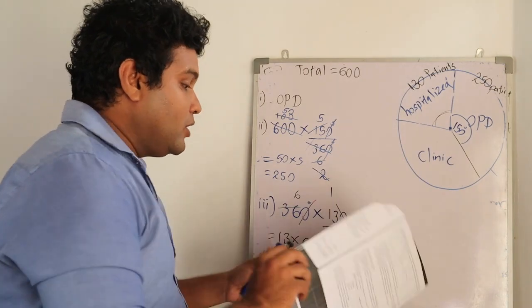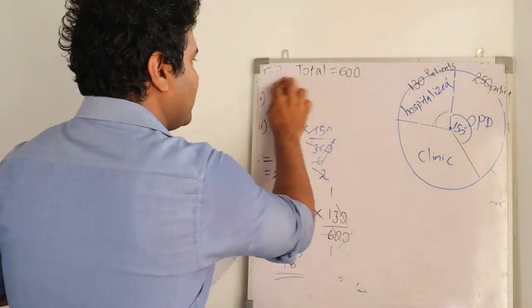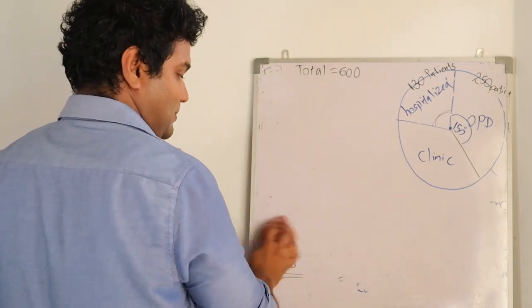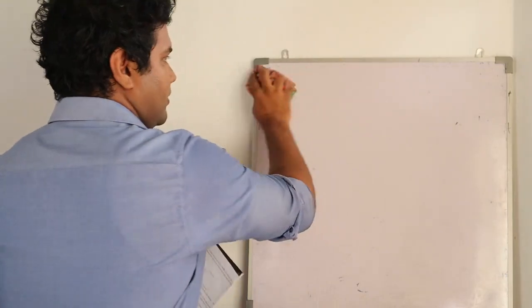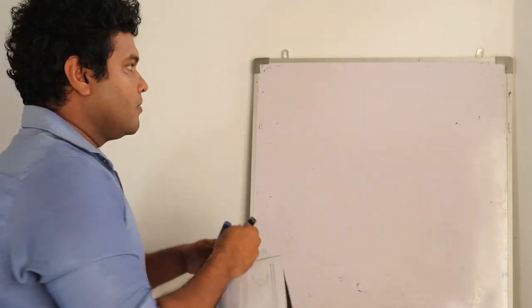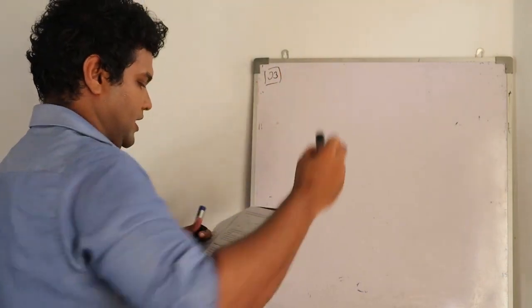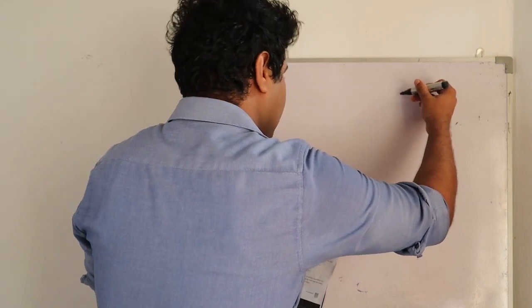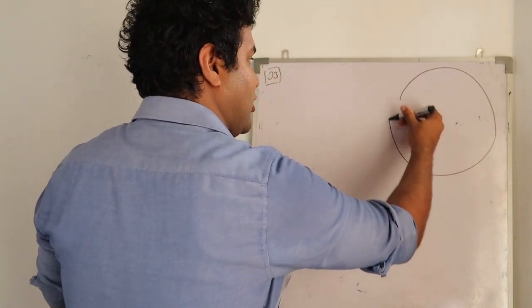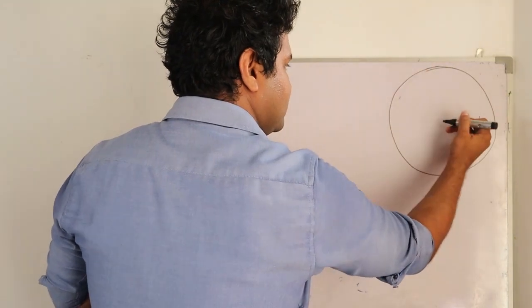Okay, we will move to question number 3 of the session. You have to wait until I erase out. Question number 3. Whatever the question, I have to first draw the pie chart that they have given.